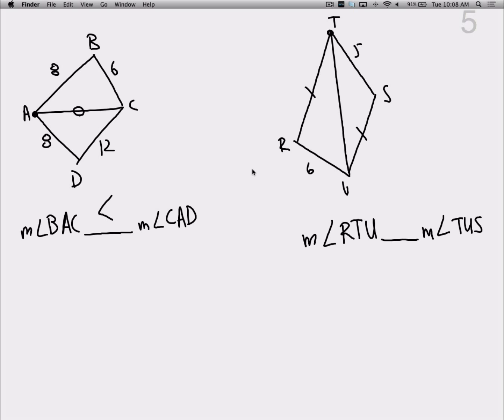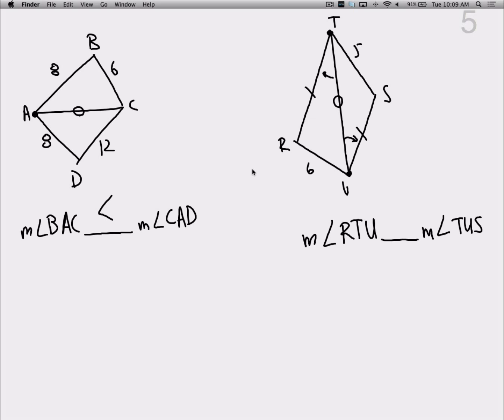Two different hinges. This hinge is for this triangle. There's our opening. This hinge is for this triangle. There's the opening. Do we have the hypothesis of the theorem met? Do we have two pairs of congruent sides between the triangles? Yes. We've got TR congruent to SU, and we've got TU congruent to itself.